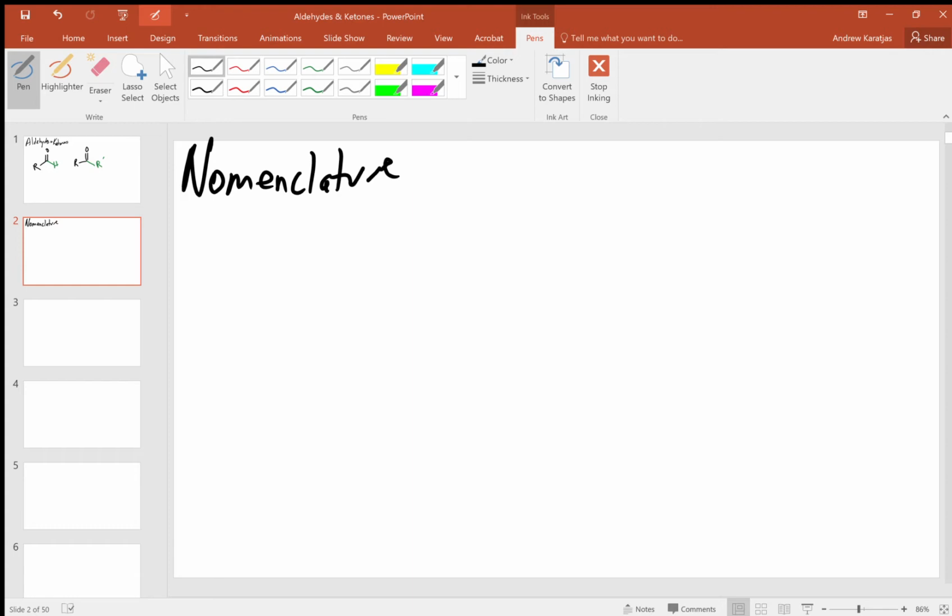So aldehydes are definitely one of the easier groups in terms of nomenclature, and we'll see why in a moment. And with ketones, there's a lot of similarity to the nomenclature of alcohols. So let's start by looking at ketones and seeing what we mean.